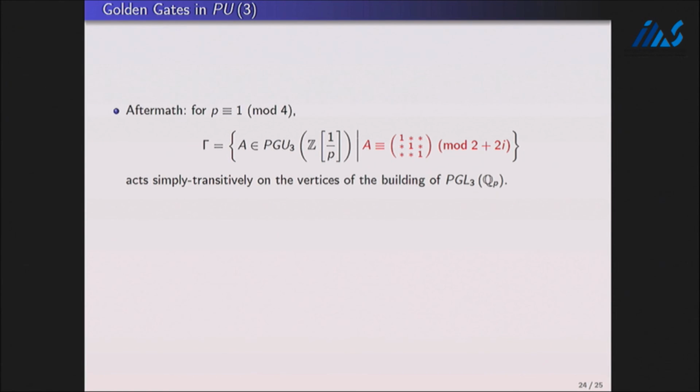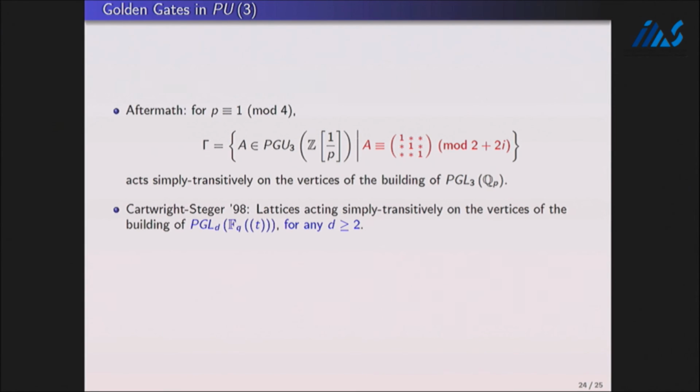I want to mention in this context a remarkable work of Cartwright and Steger, which shows that in positive characteristic, over a Laurent polynomial ring, you have lattices which act simply transitively on the vertices of the building in any dimension. This is not helpful for unitary matrices. You cannot build, I think, unitary operators with these, but this is quite remarkable.